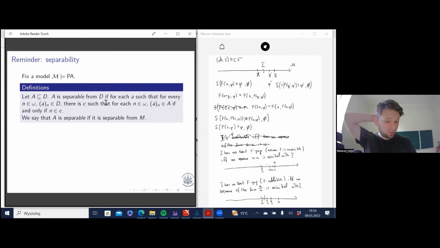We say that A is separable from D if whenever we have a coded sequence such that all elements from its standard part belong to D, then from the standard part of the sequence, we can code the set of those positions which belong to A via some number C in the model M. Right, and we say that A is separable simply if it is separable from the universe.